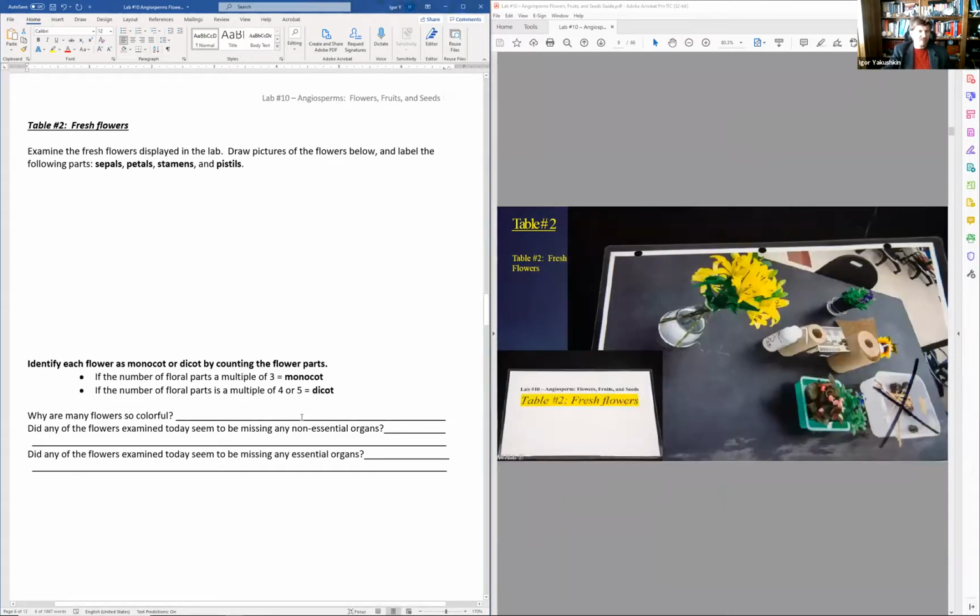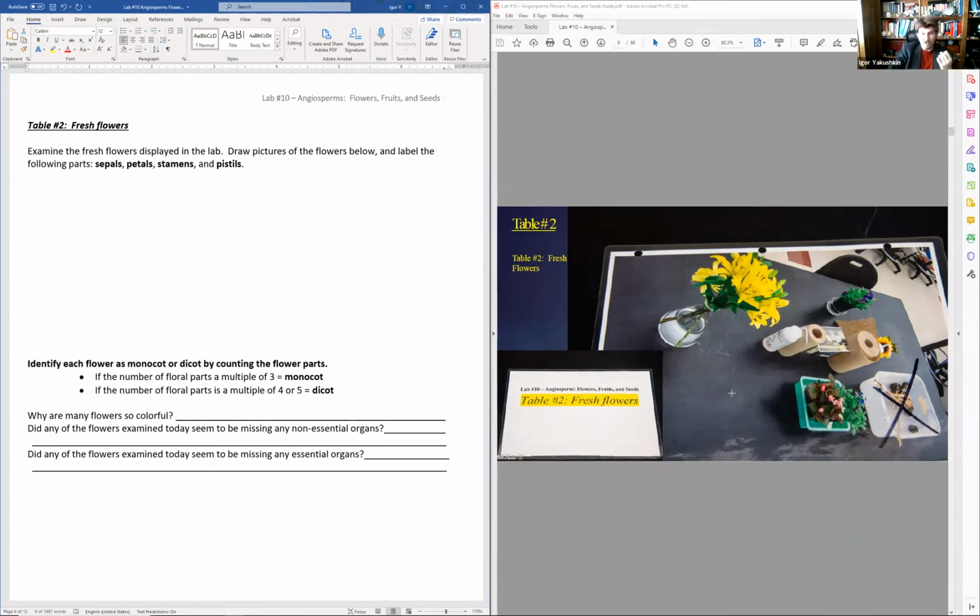Now, fresh flowers. Whenever you're looking at any kind of flower, you're first counting the petals, the easiest one. Sometimes you can count the anthers as well, but also make sure to take a look at the leaves. Quite often, the leaves will be available.